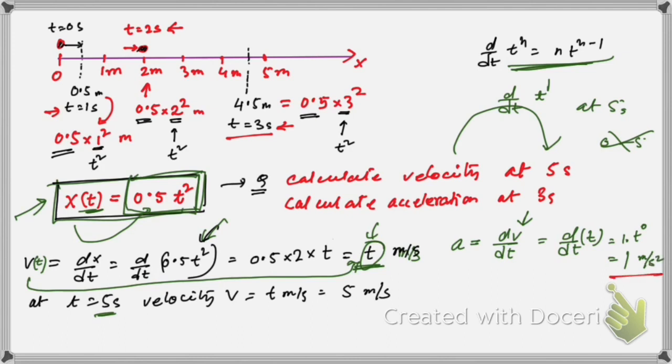Here acceleration is constant, not changing with time. We differentiated dv by dt and got a is equal to 1 meter per second square. That means it doesn't matter whether it is at 0 second, 2 second or 3 second, this acceleration is always going to be 1 meter per second square in this case.